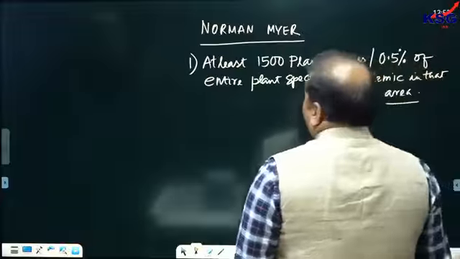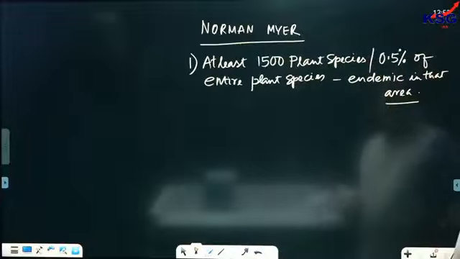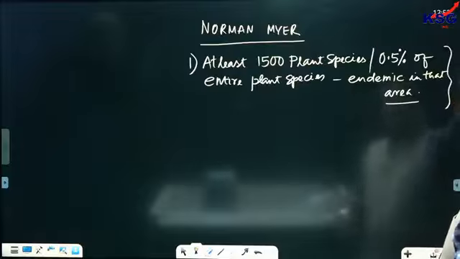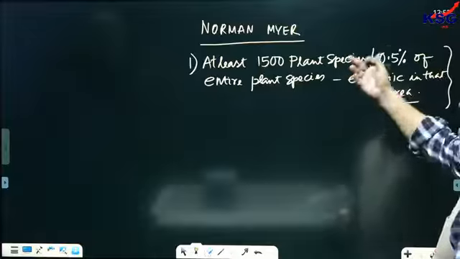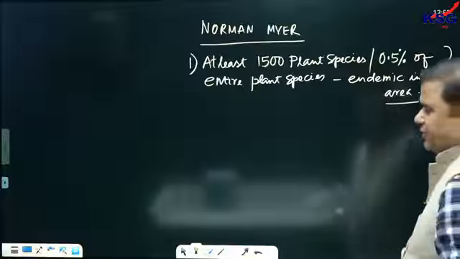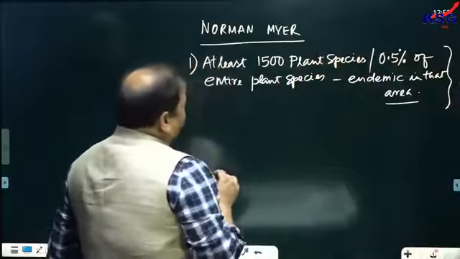Endemic means exclusively found in this area. By virtue of this fact, we know that this area has immense biodiversity. So at least 1500 plant species or 0.5% of the entire plant species of the world should be exclusively found in that area, and that reflects the biodiversity of that area.